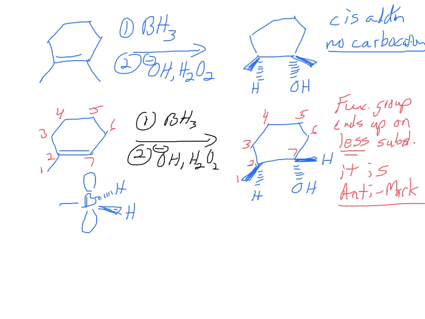It's sp2 hybridized. So what's going to happen here, this is all going to happen at once: the pi bond is going to go for that empty p orbital. And at the same time, this hydrogen is going to go to carbon 2.